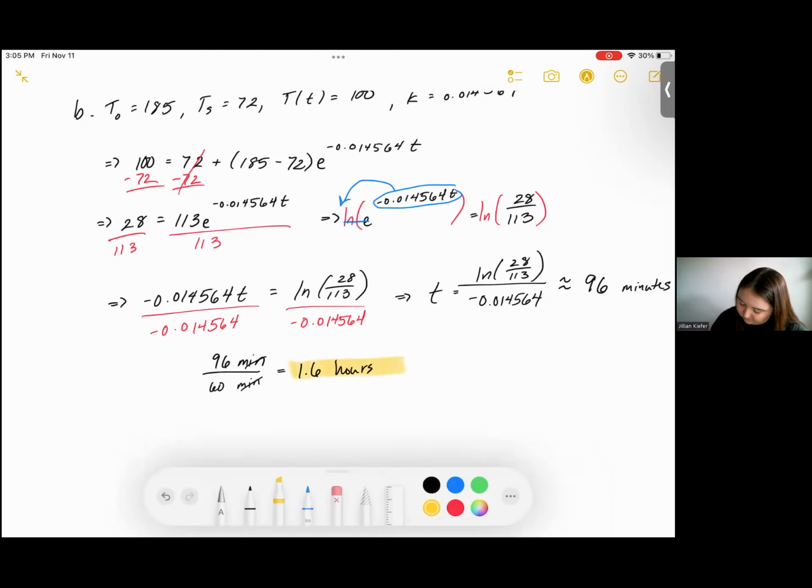So the answer in hours was 1.6 hours it would take for the turkey to cool down to about 100 degrees, or 96 minutes if you're looking for minutes instead. So that is how we would do that problem.